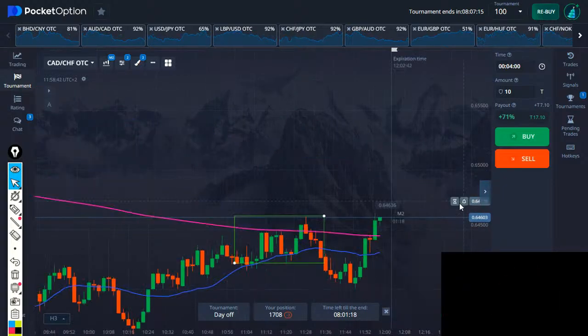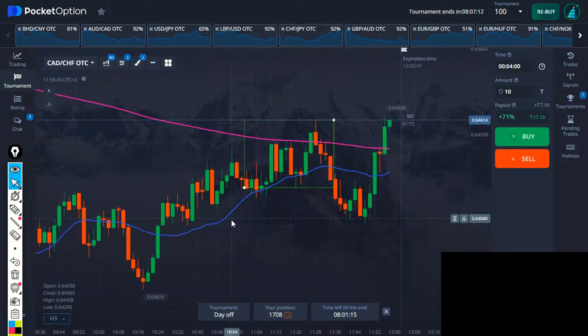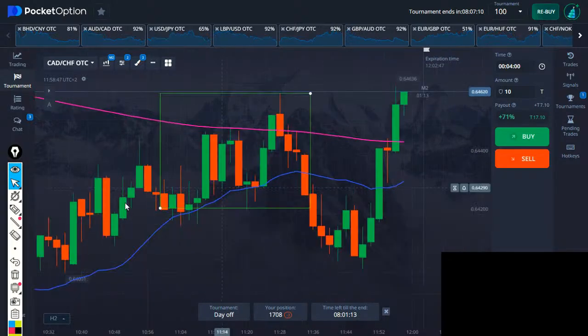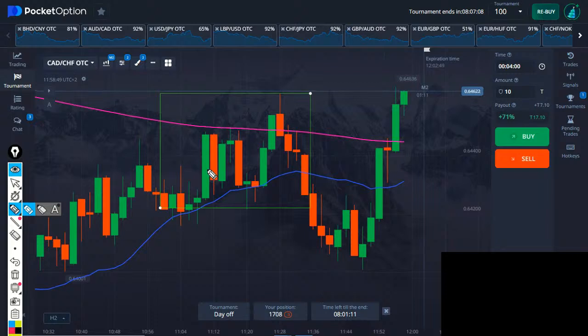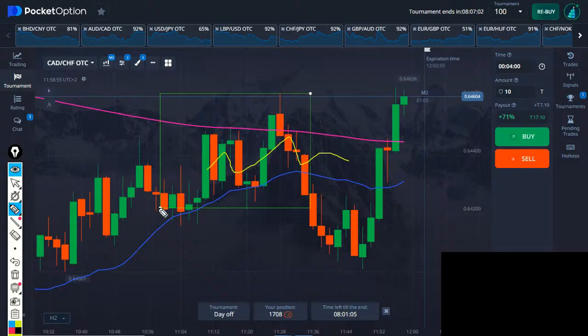So the market went all the way back here to this narrow state. See this narrow state? You have a clean break below. Let me adjust this a little bit.